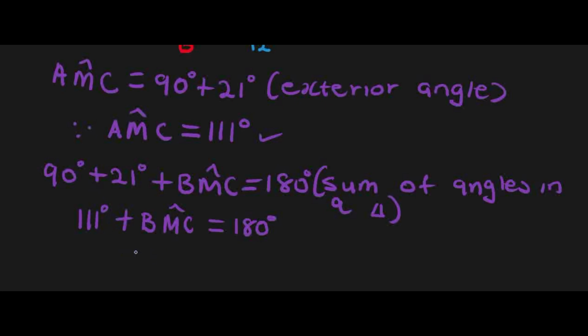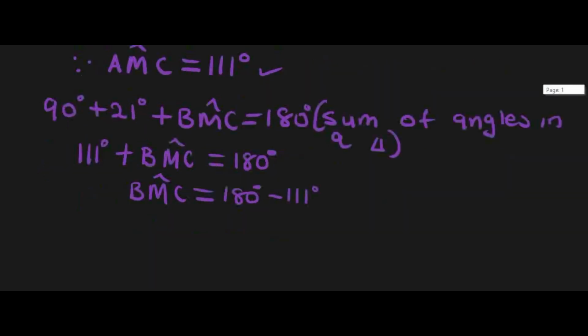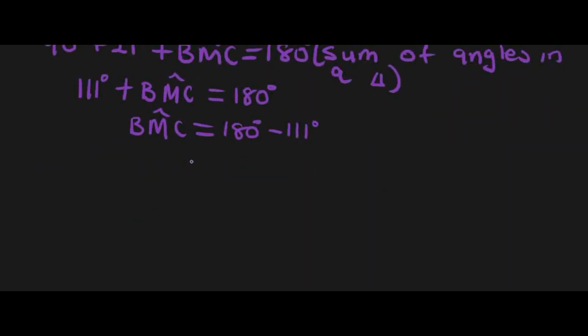Now we need to transpose this 111, which means we will say angle BMC is equal to 180 degrees minus 111 degrees, that is equal to 69 degrees. Therefore, angle BMC is equal to 69 degrees.